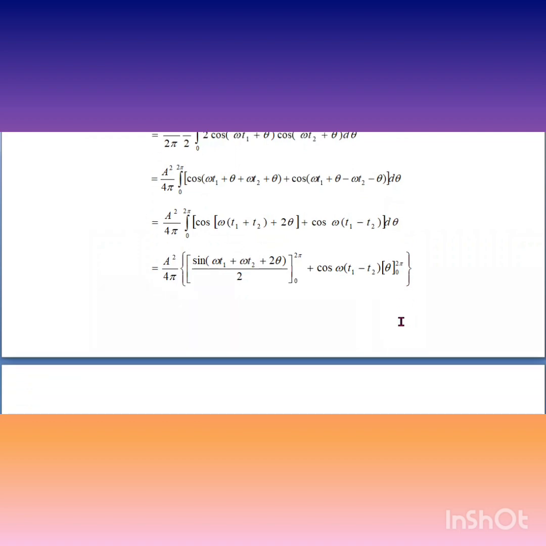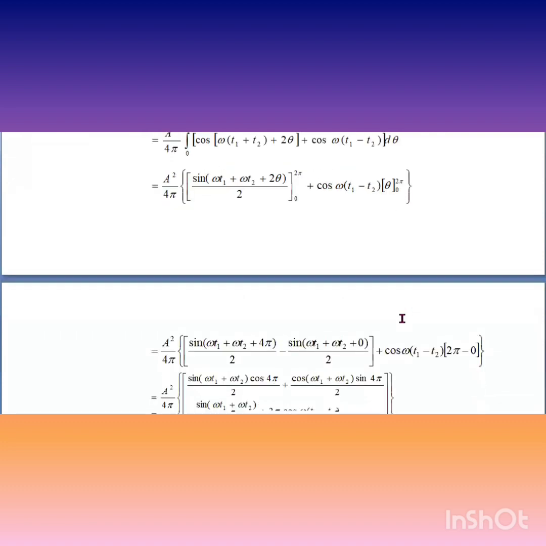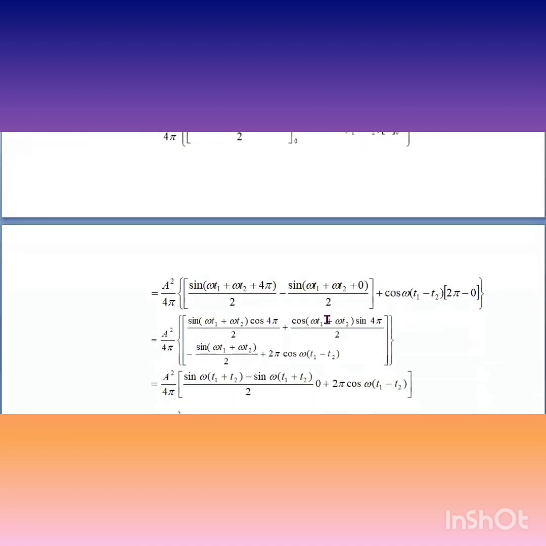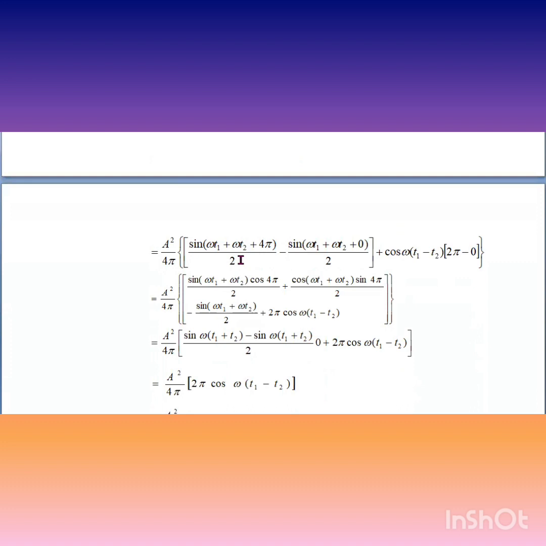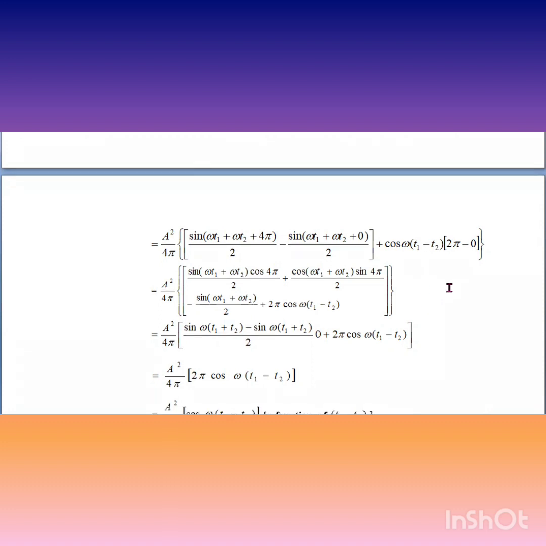After that, you have to apply the upper limit as well as the lower limit. So A squared divided by 4π, [sin(ωt1 + ωt2 + 4π) divided by 2 minus sin(ωt1 + ωt2 + 0) divided by 2], upper limit minus lower limit applied. Second term, cos(ω(t1 − t2)) into 2π minus 0.